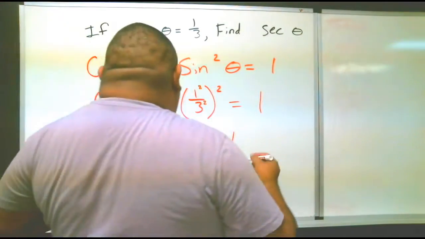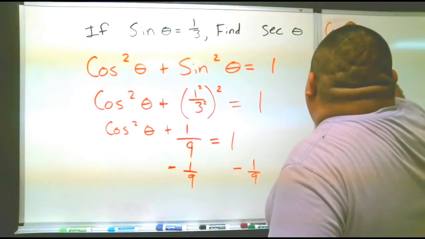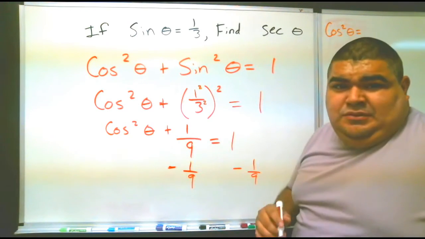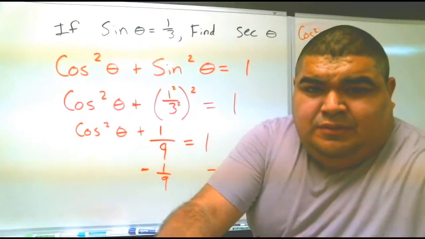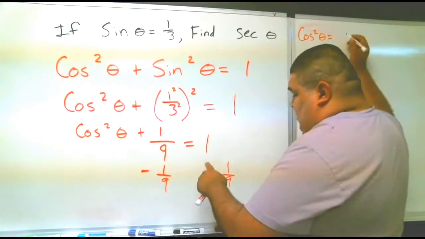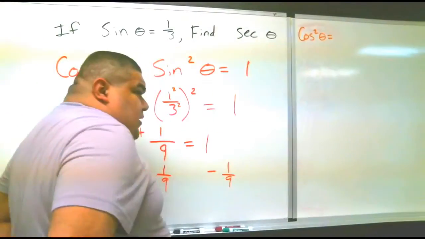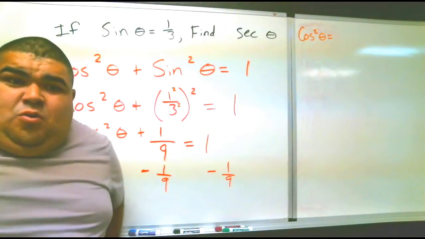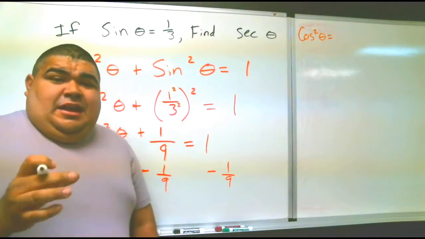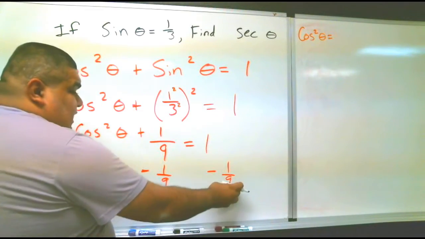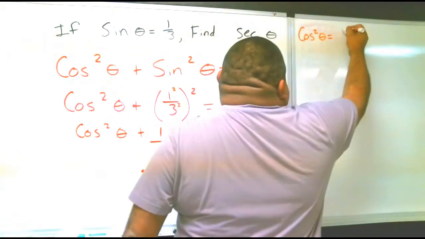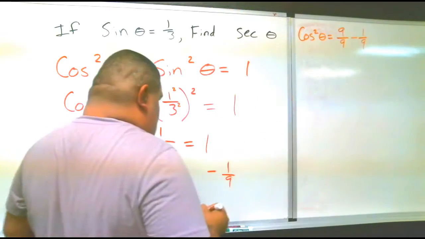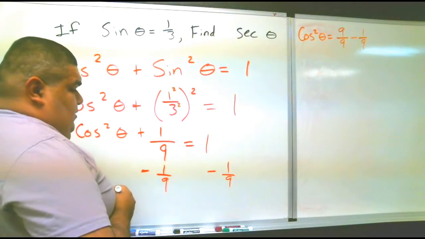So now we have cosine squared theta equals 1, which can be converted into an actual fraction. Always use the denominator you're dealing with. In this case, it's 9. So we can say 9/9 minus 1/9.